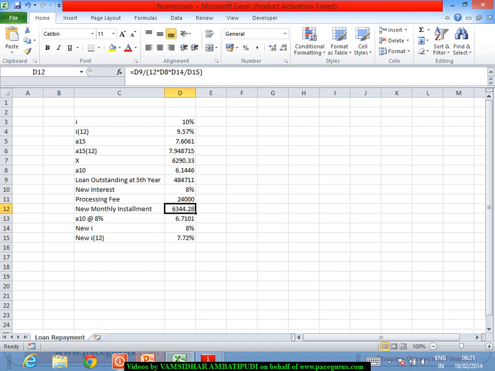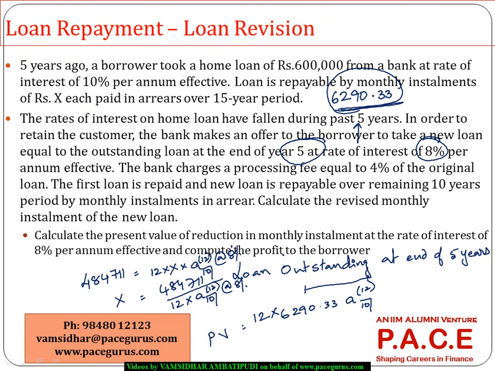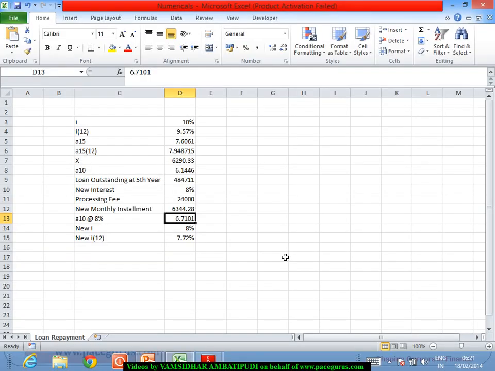It should be lesser. Let me see, something has gone wrong. Loan outstanding is this much. Then the new i is 8%, right? The new i is 8.